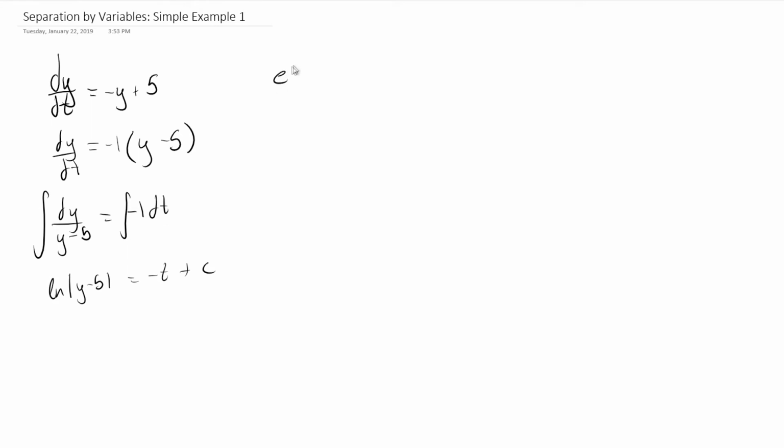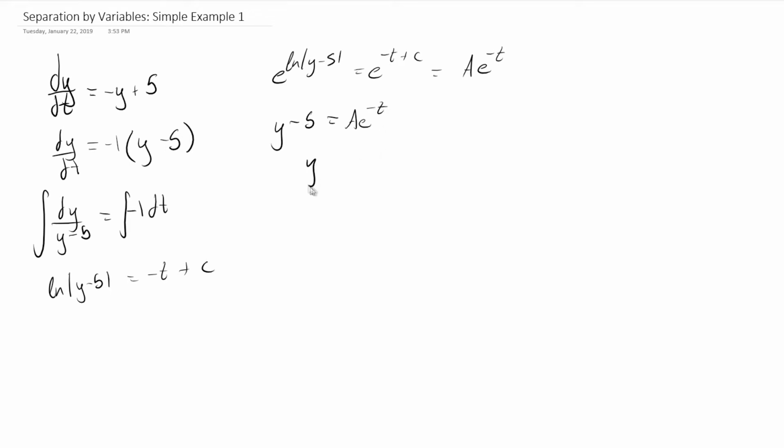And then, you guessed it, e to the ln of (y minus 5) is equal to e to the -t plus c, which is equal to A times e to the -t. So y minus 5 is equal to A e to the -t, so y is equal to A e to the -t plus 5. That is our answer.